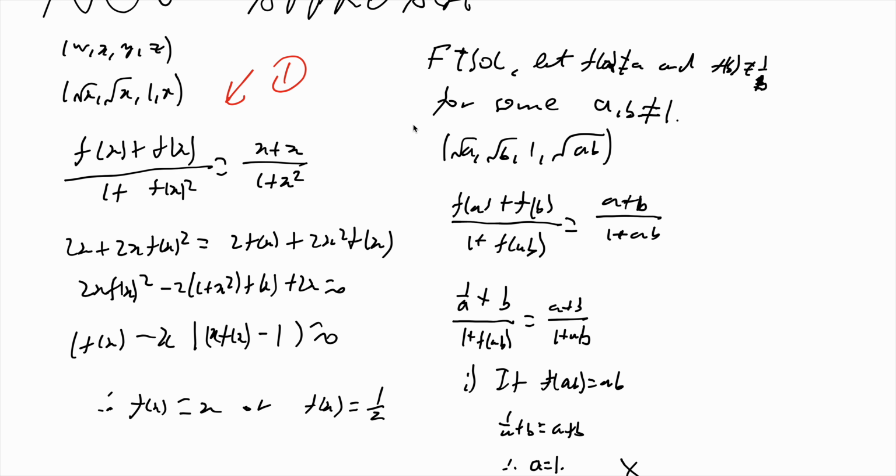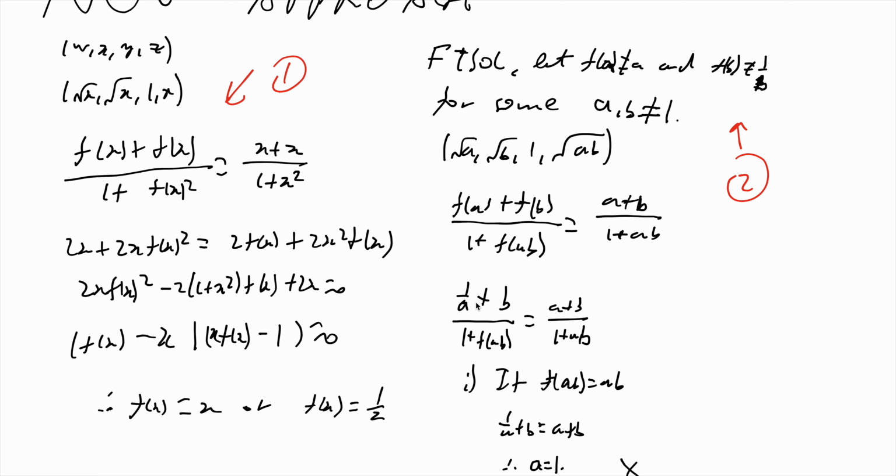Now let's talk about this proof. So for the sake of contradiction, let f of a not equal a and f of b not equal b for some a and b not equal to 1. And notice that by this fact right here, if we substitute this one, then we must have f of a equals 1 over a and f of b equals b.